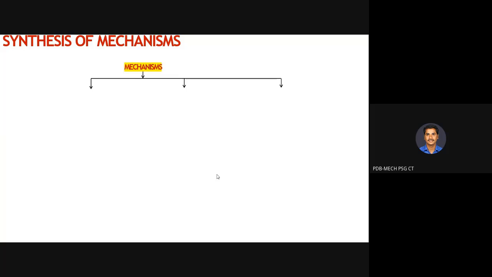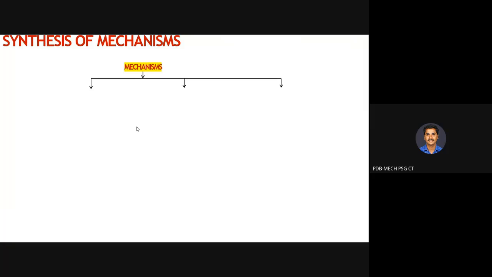With regard to the discussions we had about mechanisms and synthesis in the previous classes, let me quickly review what we discussed so far and what we are going to proceed with further.